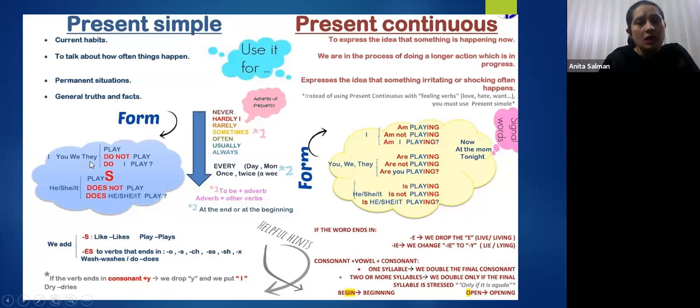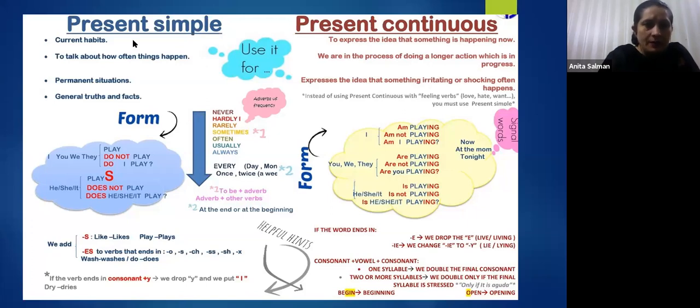They are pronouns which are used in place of a noun. Subject is always either a noun or a pronoun. If you don't want to use a noun, then you will use a pronoun. And which are the pronouns which are always used in place of nouns or in place of the subject? They are I, we, you, he, she, it, and they.